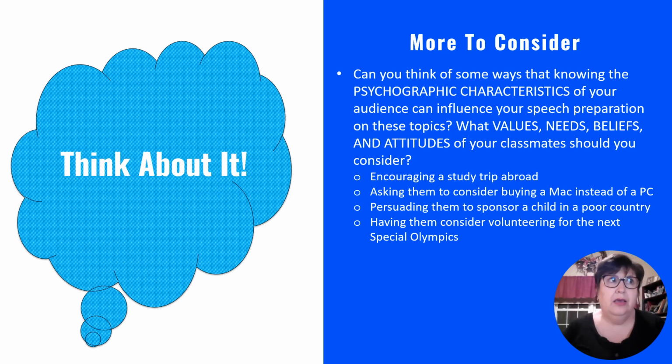Let's just say you decided to do your final presentation on encouraging a study abroad trip. Right, so think about who's in the room. How well traveled do you think the audience is? And again, we often have to assume we're going to have some of both in the room. So how can we play to the audience members who likely might be quite well traveled and what the opportunity might present for them versus someone who's never been on an airplane before, right?